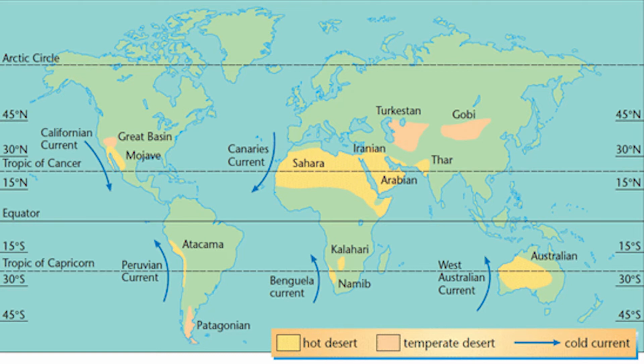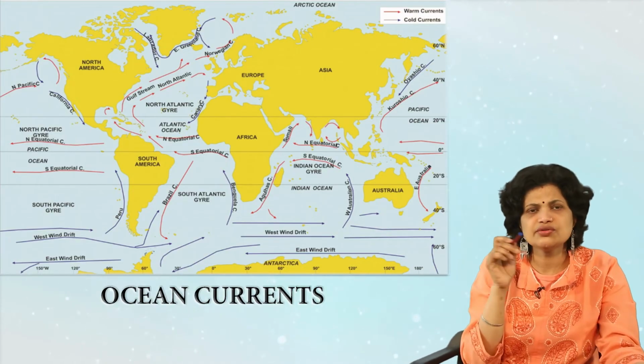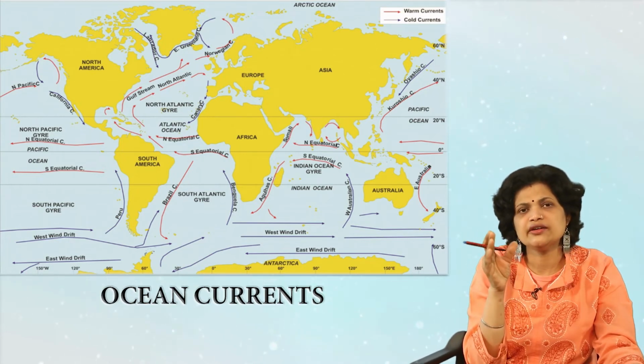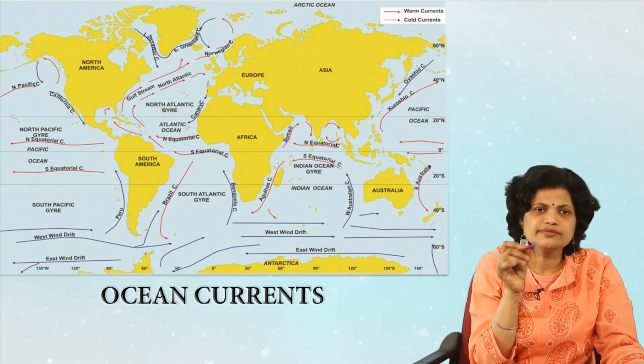Similarly, the Benguela cold current in the Atlantic Ocean is responsible for the extension of the Kalahari desert even up to the coast. In this way, cold currents are affecting the temperature conditions and vegetation conditions of the areas they visit.